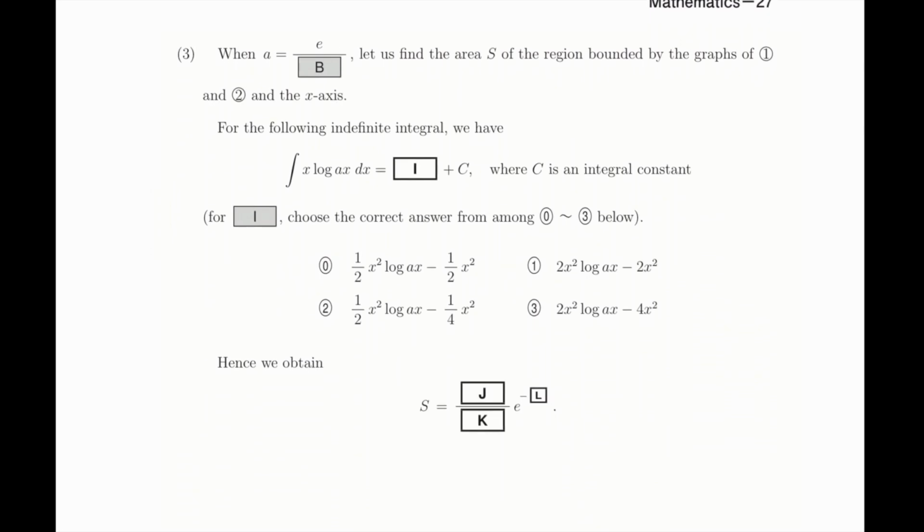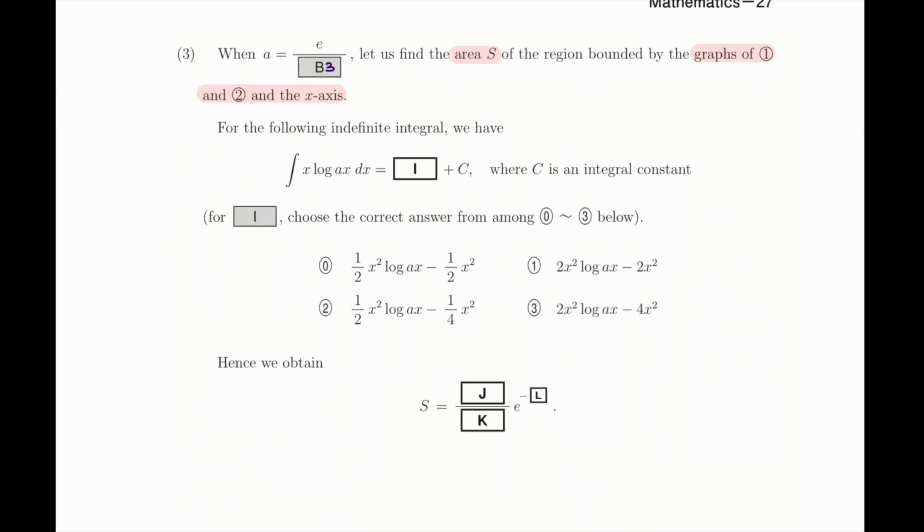When a equals e over b, once again, a is equal to e over b, my b is 3. Let us find the area. We want to find the area of the region bounded by graph 1, graph 2 and the x-axis.